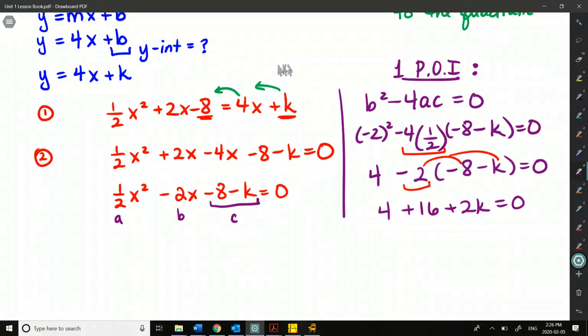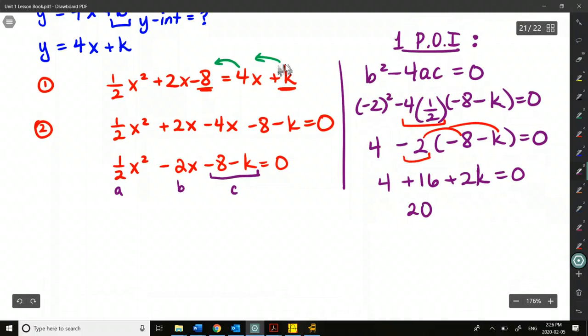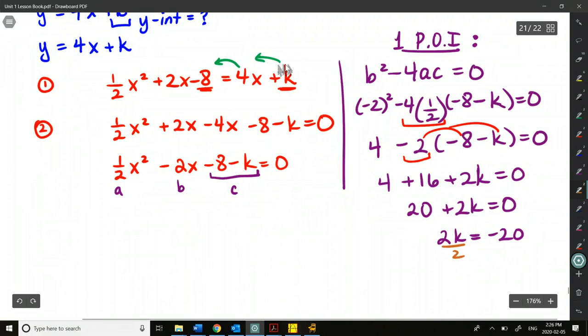I can get k by itself, right? We can solve for that. Okay, so just isolating for k, we're going to get it alone on one side. We're going to bring the 20 over. We'll get negative 20 and divide out the 2.